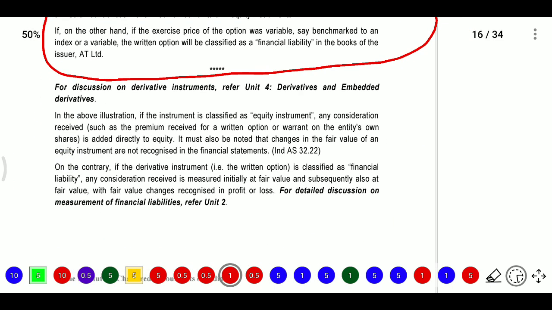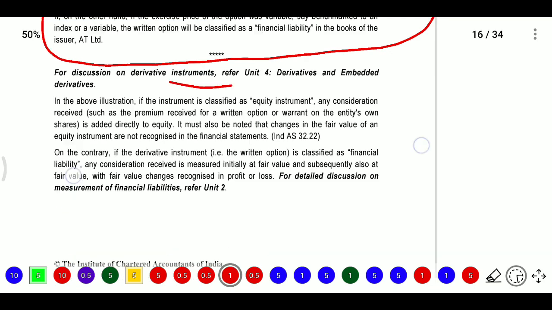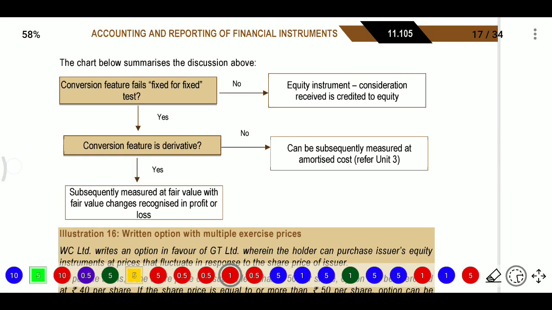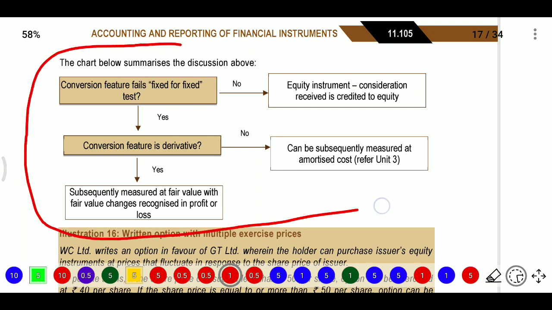Now for the discussion on derivative instruments, we will go with chapter 4. So, the summary of the fixed to fixed test. Does the conversion feature fail fixed for fixed? If it fails, we will see the next one.